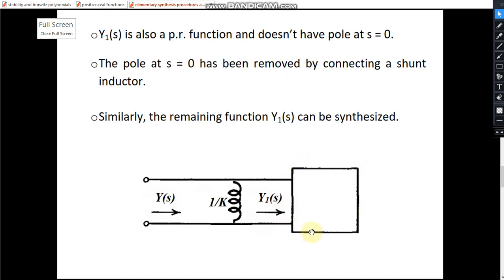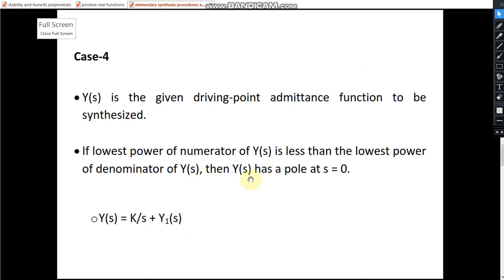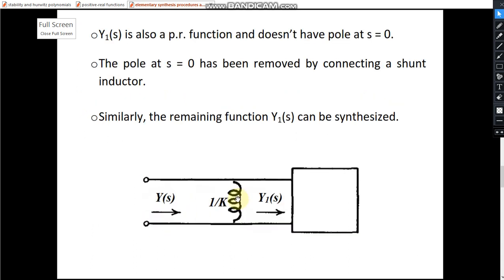So here we will have the remaining function, which will be less complicated as compared with this because something has been removed. The only thing is that after doing this, whatever remains is also a positive real function. Whenever we remove a pole from the origin or from infinity, the remaining function is also a positive real function, and it is less complicated also.